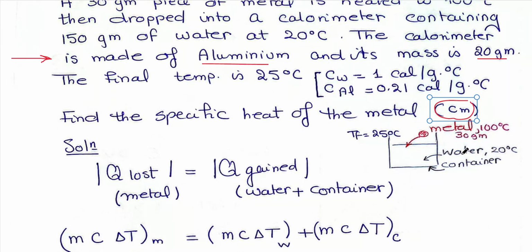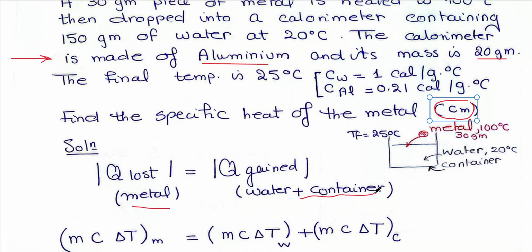The cold body now, it's not the water only, it's the water in the container because water was put in a container so they have the same temperature. Applying the heat exchange equation, Q lost by the hot body, which is the metal, equals Q gained by the cold body, which is the water and container.